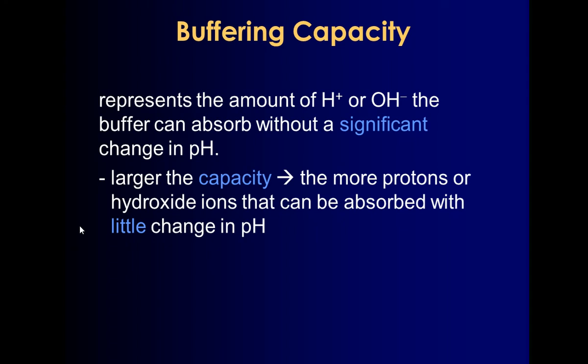You would not want to have a buffer made with acetic acid if you wanted your buffer to have a pH of 8, because acetic acid is going to cause that pH to be much, much lower. You also need to have large amounts of the weak acid and conjugate base present. If you're down to a very little amount of one of the two components, your buffer might work well in one direction, but it won't work well in both. And you want to make sure it can resist changes in both directions.